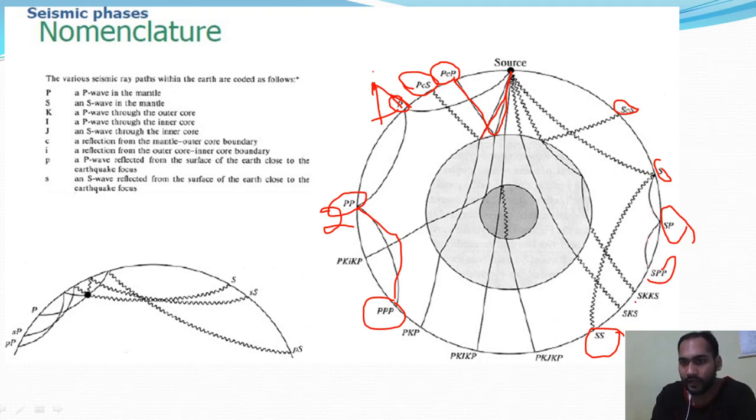You can see this is SKKS. That means what? This is an S wave traveling in the mantle. Then it enters the outer core.